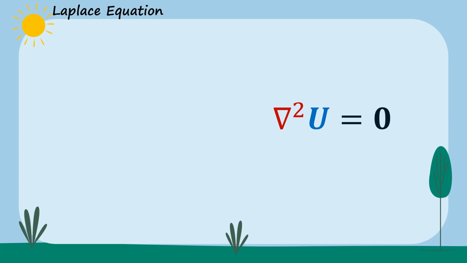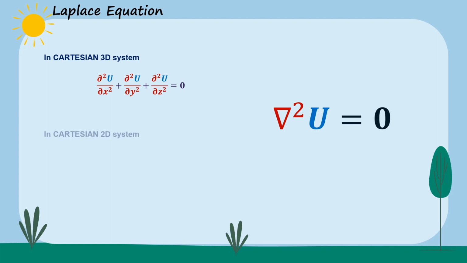That's the very basic equation, the Laplace equation. In the Cartesian 3D system it takes the form del squared u by del x squared plus del squared u by del y squared plus del squared u by del z squared equal to 0. And in the 2D system, it comes back as del squared u by del x squared plus del squared u by del y squared equal to 0.